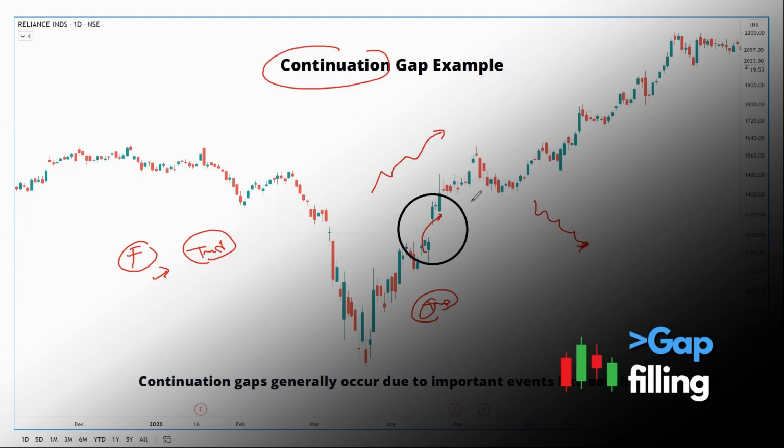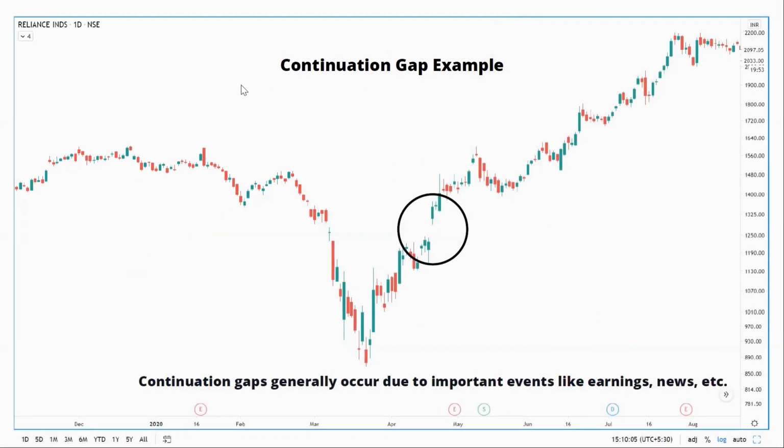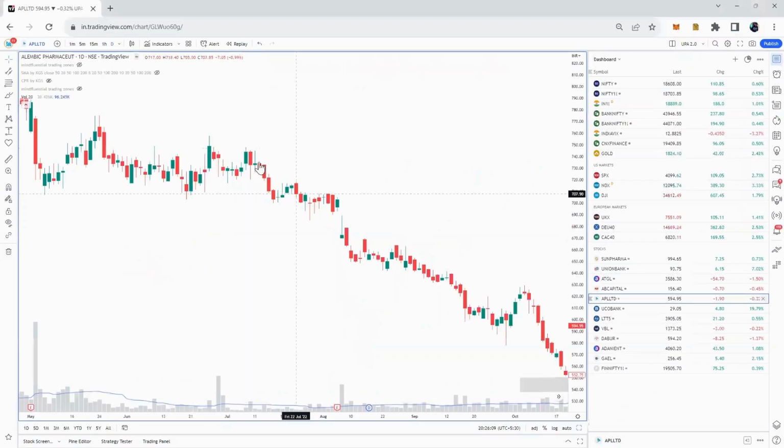What is meant by gap filling? Whenever a gap happens, this is what you will mark. Now it's a gap down you mark, which means a resistance. But to fill the resistance, there needs to be a bull candle, which means the buyers have to come.